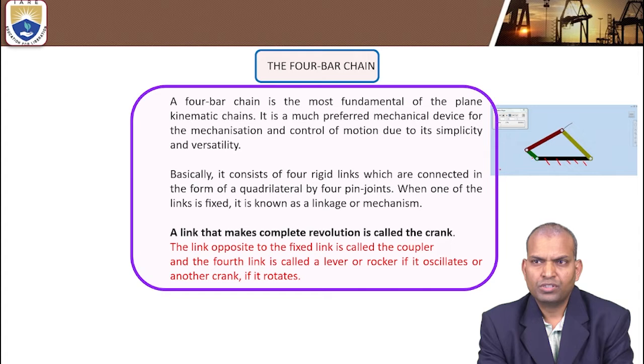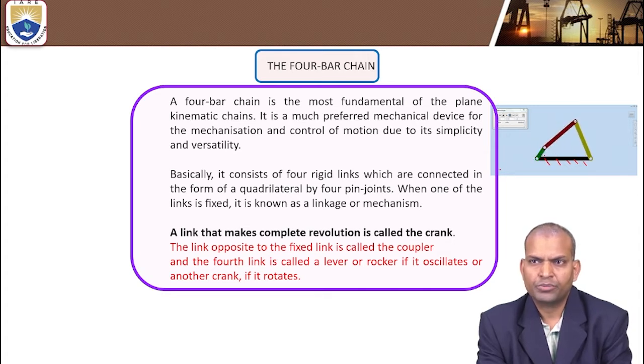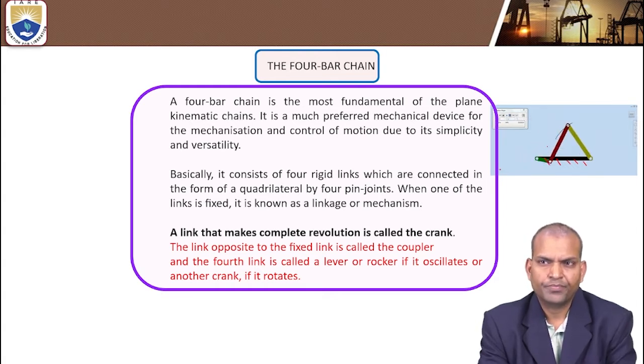The link opposite to the fixed link is called the coupler, and the fourth link is called the lever or rocker. The lever or rocker does oscillations, or it also acts as another crank if it rotates.